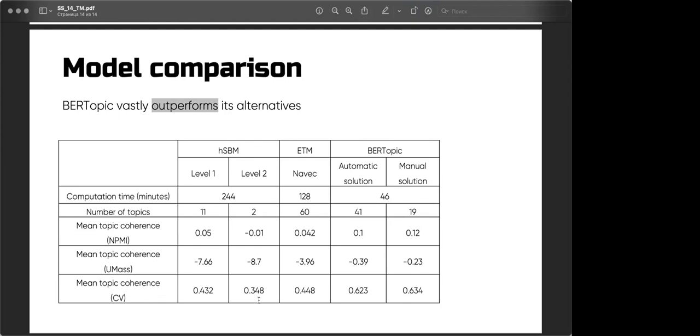For example, based on UMass, we would think that ETM is a lot better than HSBM. But when we take a look at the CV metric or the NPMI metric, we do not see all that much of a difference. That just stems from the way each of those metrics are calculated.